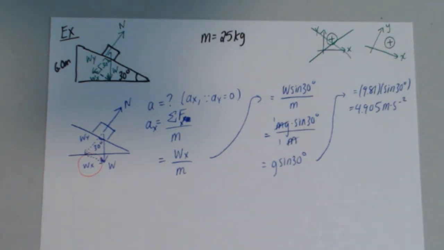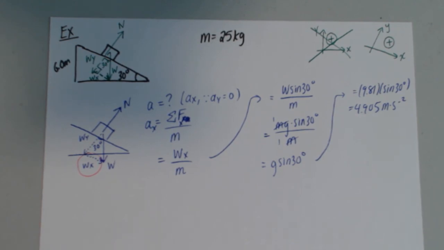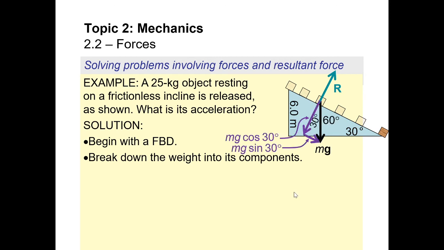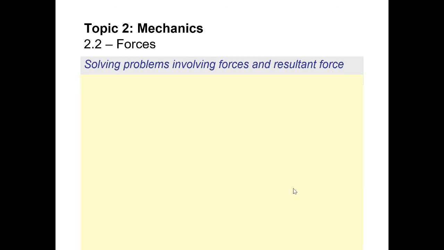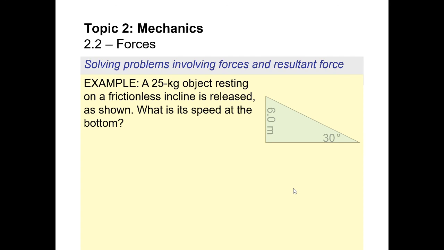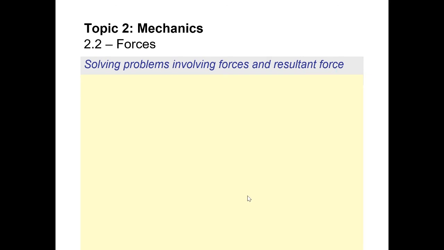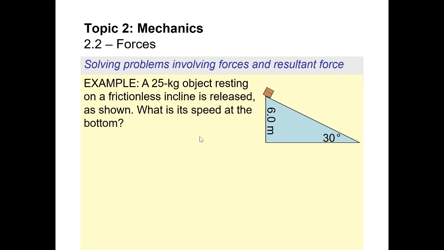And the direction, well, we can just say down the ramp for now. So let's go back to the slides. Notice in the slides, they're just approximating it as 5, so that's fine. It's 4.905 rounded up.